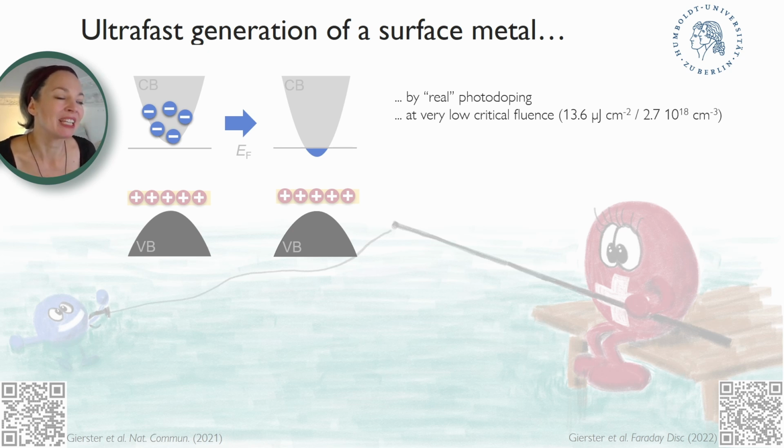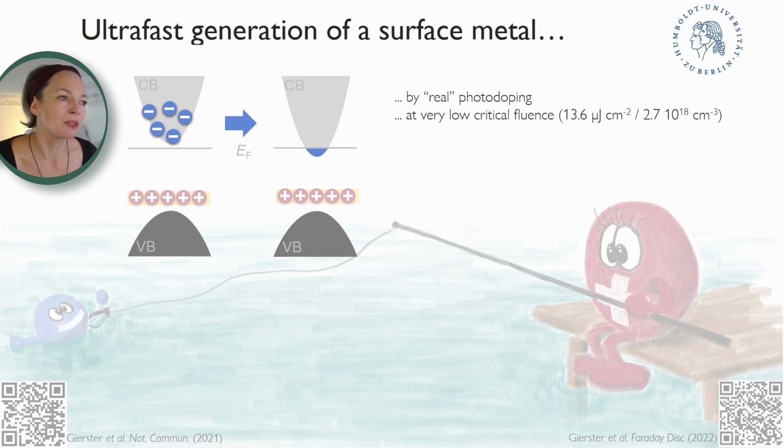And we can do this at very low critical fluences, which means we don't have to deposit that much energy into the system and don't heat up the zinc oxide as much as necessary for other strongly correlated electron materials.